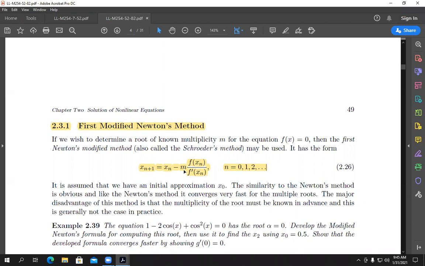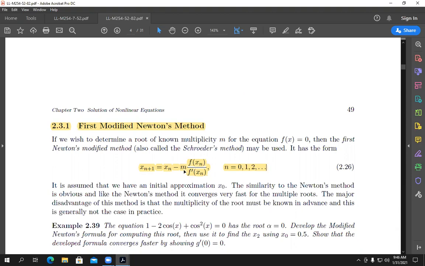But remember, this formula needs m. And how to find m? I told you the procedure in the form of a lemma. We have to continuously take the derivative unless the derivative is not equal to 0. It means when we use this formula, we must know alpha.